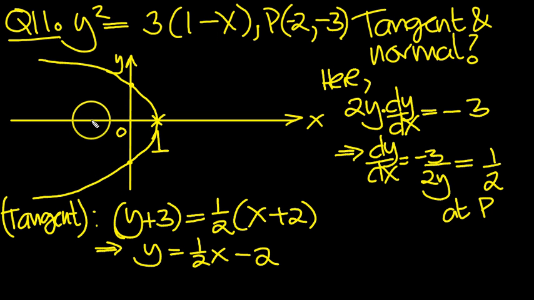So minus 2 is, say, there, and minus 3 is there. So we're going to get a tangent. So let's just mark that point there. That's minus 2. This is minus 3. This is the point P. And we need to draw a tangent in there. So let's do that while we're at it. So I'll just draw that in then.